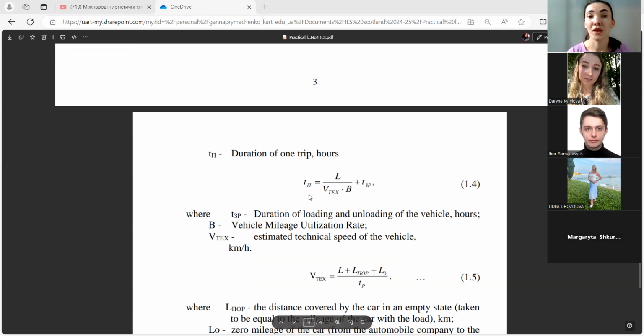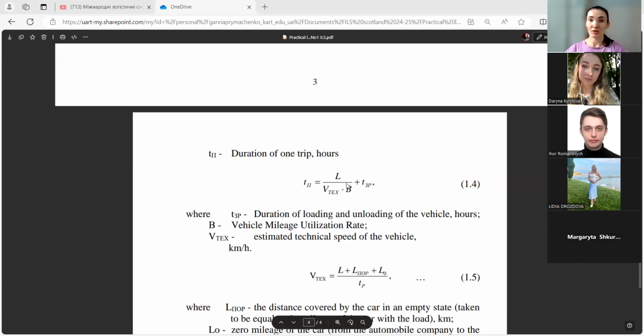T with index pair on the left, and use our next information about L. We already used it. It is the distance in kilometers. We used the same L which we used in formula 1.5.